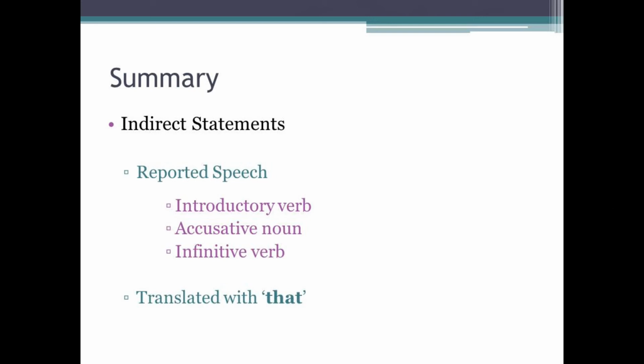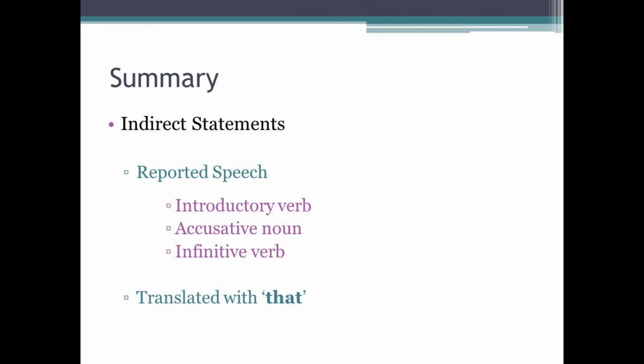So we've now covered stage 35 of the CLC. So let's summarise. Indirect statements are statements where it is written that something has been said, but the statement itself is not directly said, so it is reported speech, as opposed to direct speech.